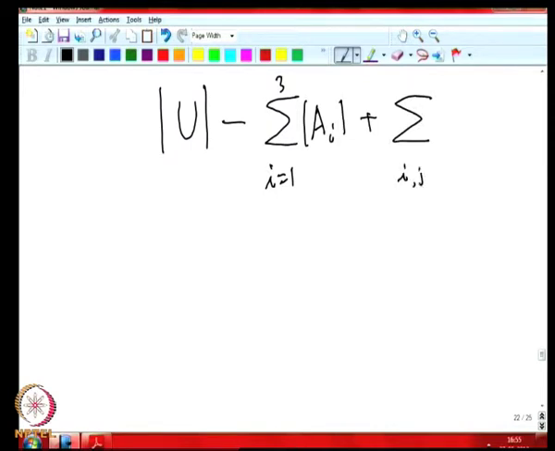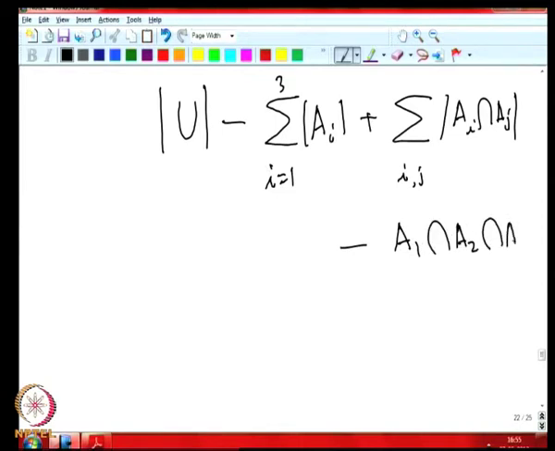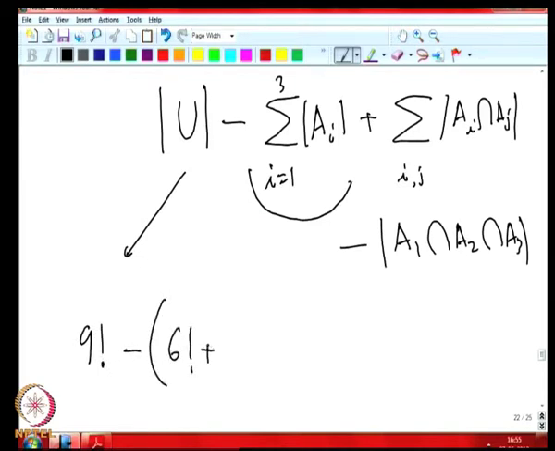For every pair ij, we have to find the cardinalities of Ai intersection Aj, and then minus the triple intersection cardinality. Now we have already seen that these cardinalities we know: this is 9 factorial, and here we know this is 6 factorial plus 8 factorial plus 7 factorial.